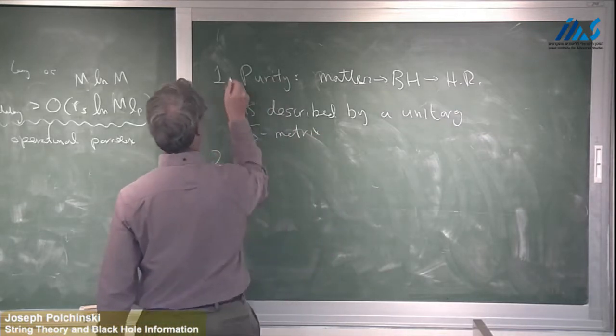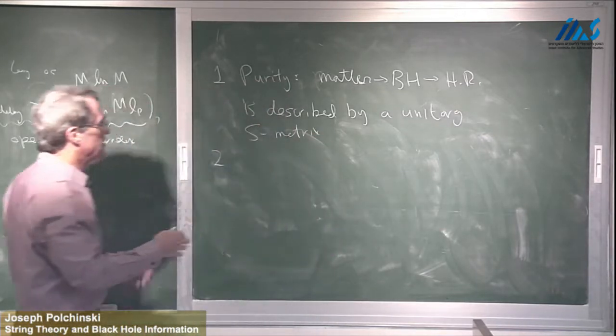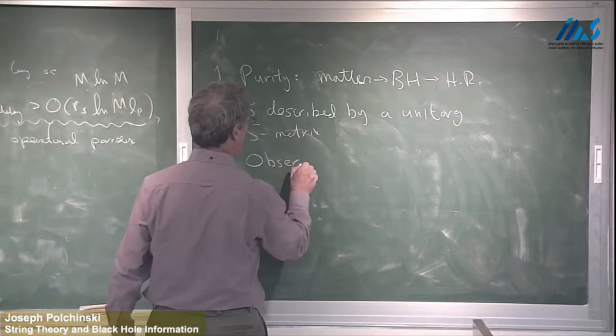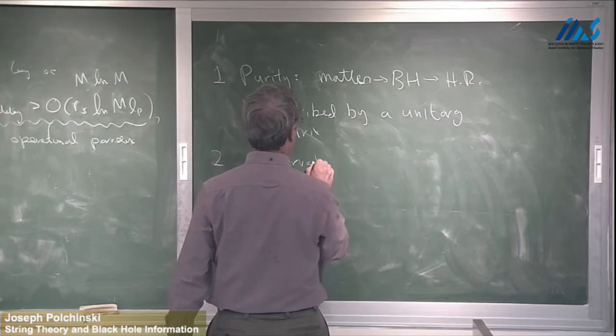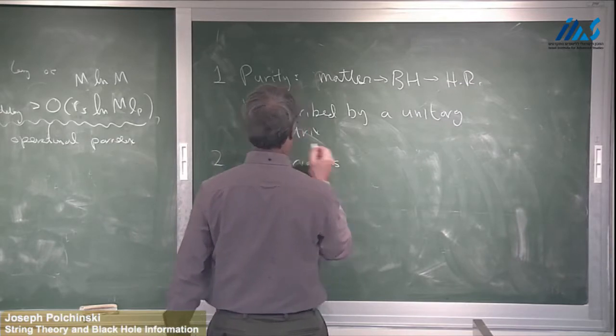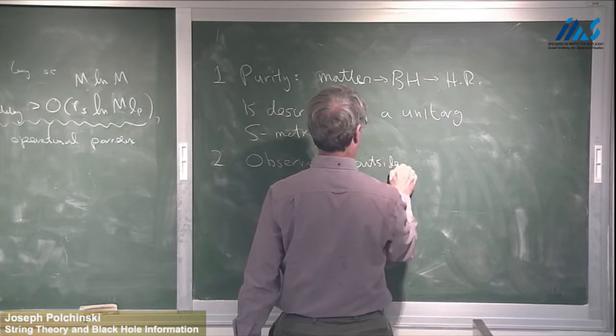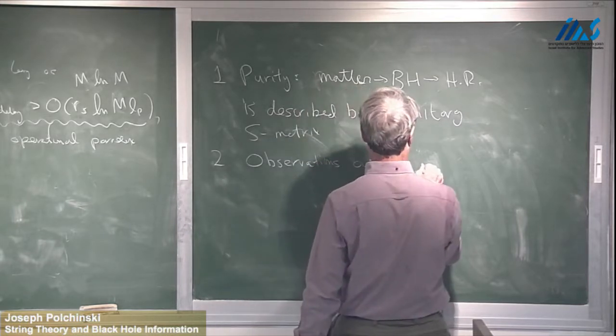Two is that the observations outside the black hole are described by quantum field theory in curved space-time, or as I prefer to say it, by gravity as an effective field theory.